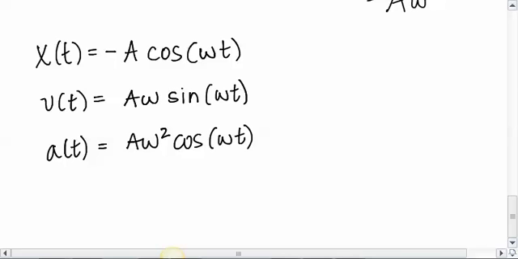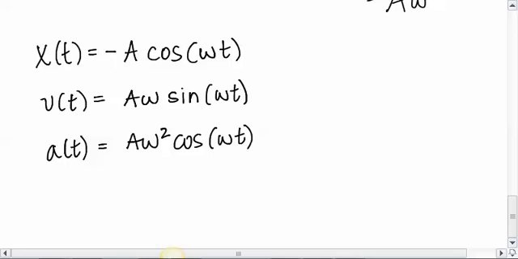All right, so let's talk about max values. What is the maximum that cosine of omega t could ever be? Cosine of an angle goes between what and what? So what's the biggest it could ever be? 1. Okay? The cosine of an angle, the biggest value you can get is 1.